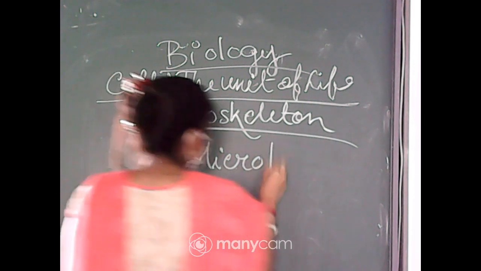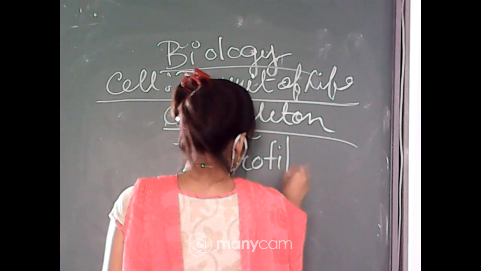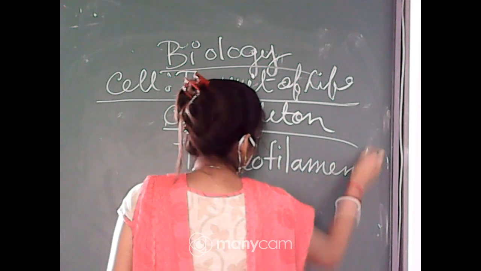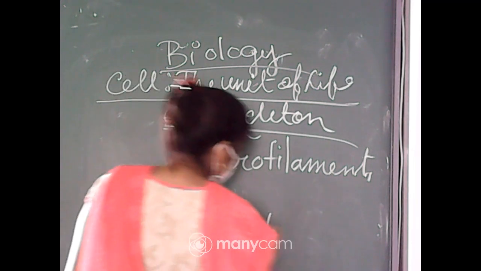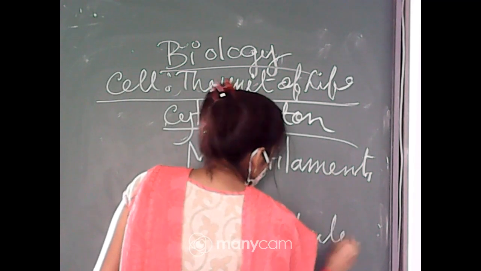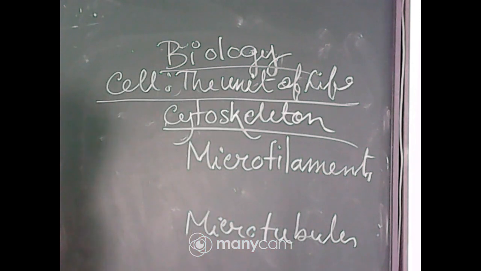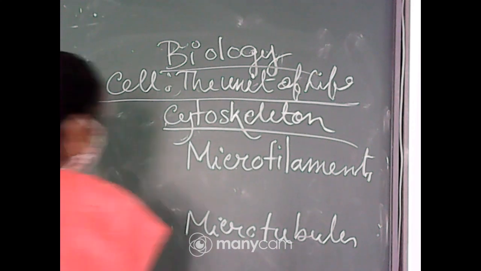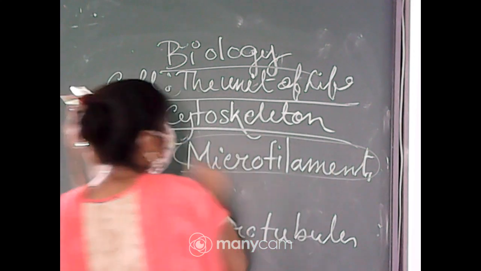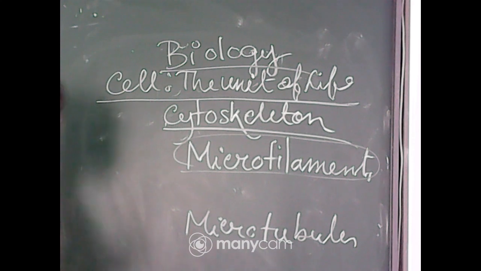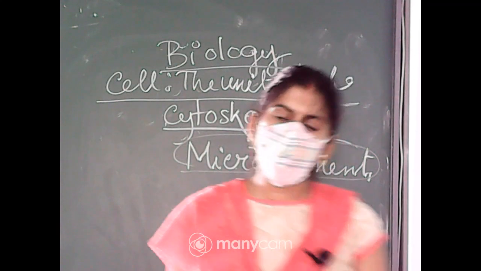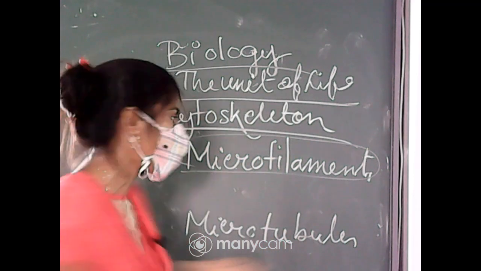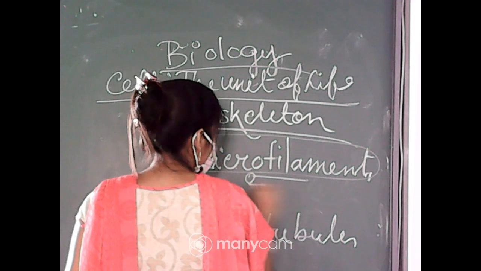These are microfilaments and microtubules. So first, what is a microfilament? A microfilament is a thin ultra microscopic rod like structure.